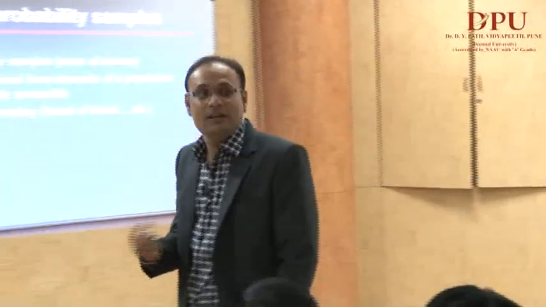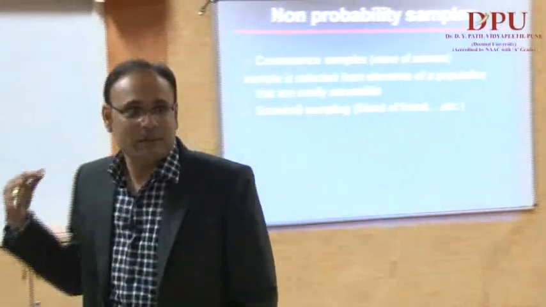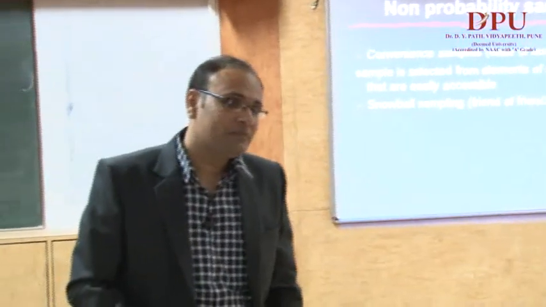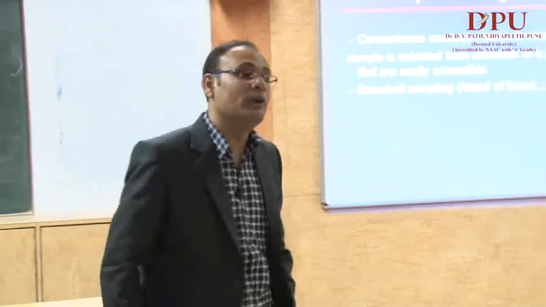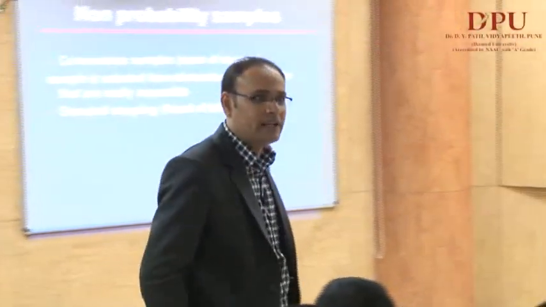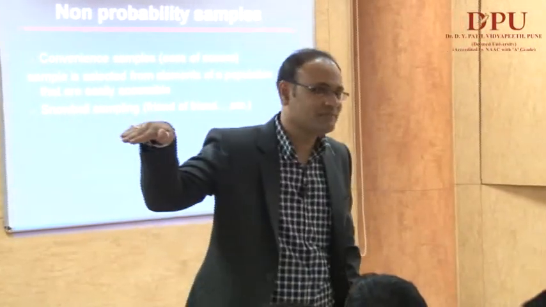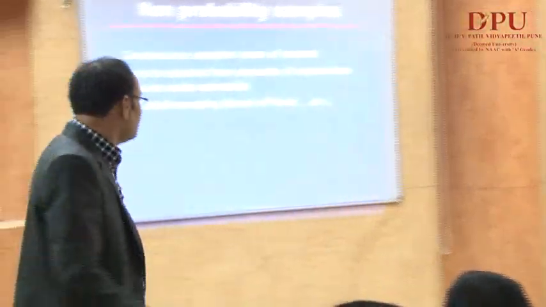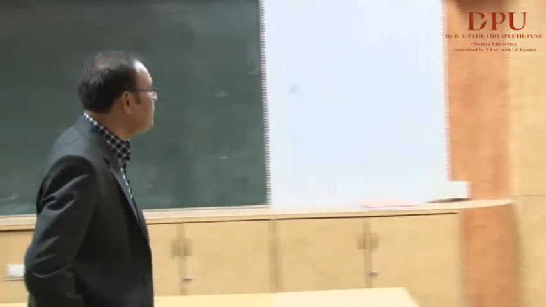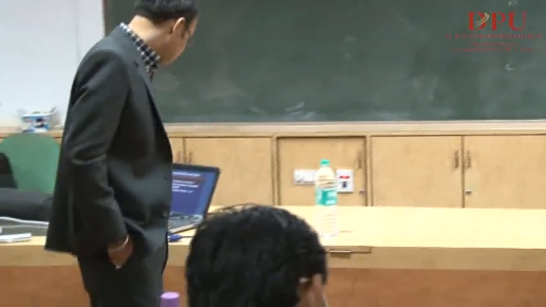So this friend circle fills your sample. But the data is collected from friends only. You don't know what is happening in the real world. You have collected data only from your friend circle, maybe the same age, the same level, the same status. Right? So this kind of sampling comes under non-probability sampling.